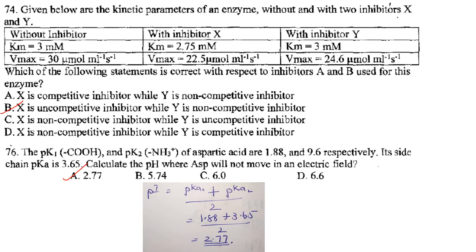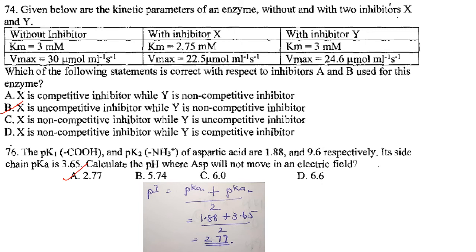Whereas in the case of non-competitive inhibitor, there is reduced Vmax and Km is the same. So Km has remained the same whereas Vmax has reduced. So it is an example of non-competitive inhibitor. So the answer is X is uncompetitive inhibitor while Y is non-competitive inhibitor. So option B is correct.